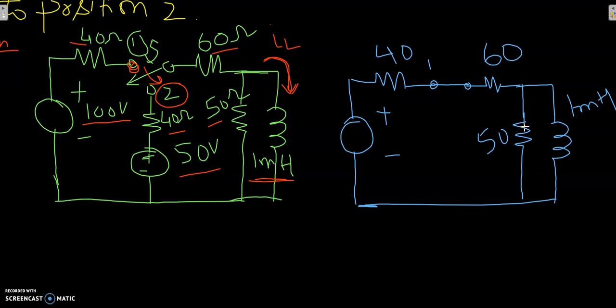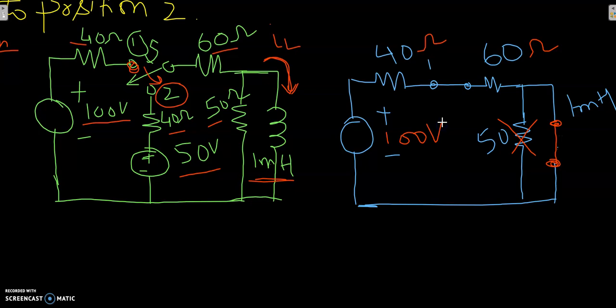So this has been shorted, and this resistor goes. What is left is only this resistor and this resistor, along with the 100 volt supply.